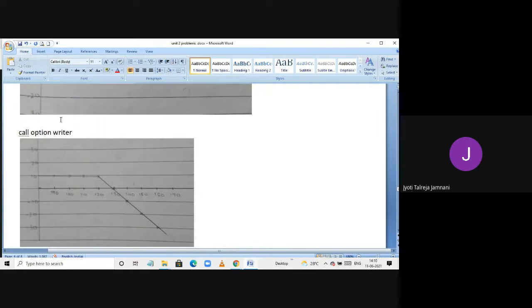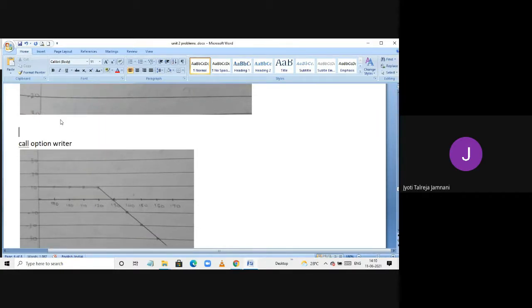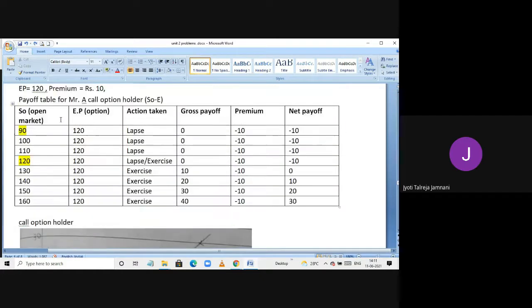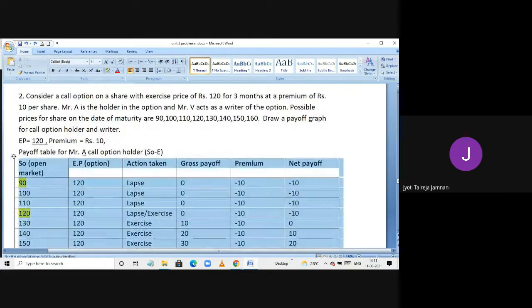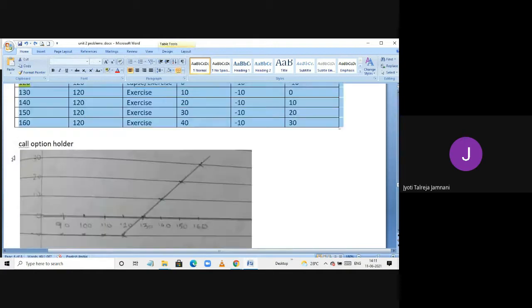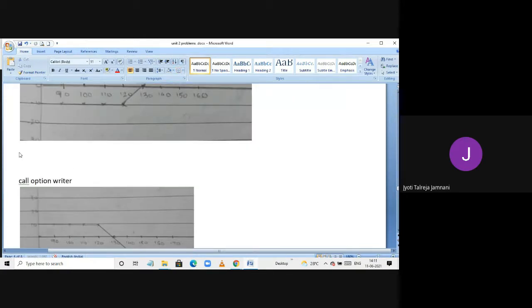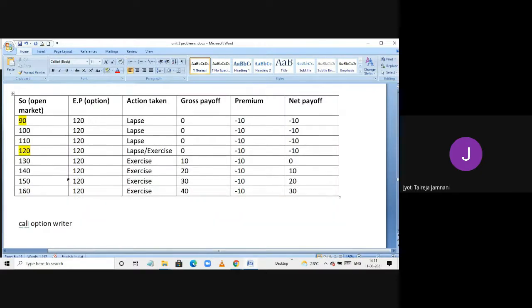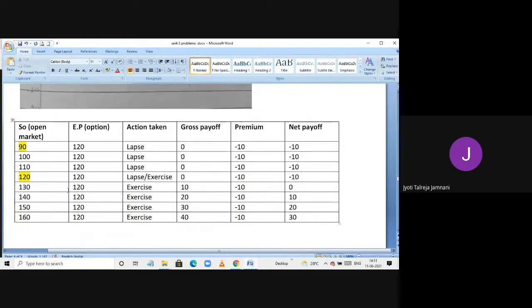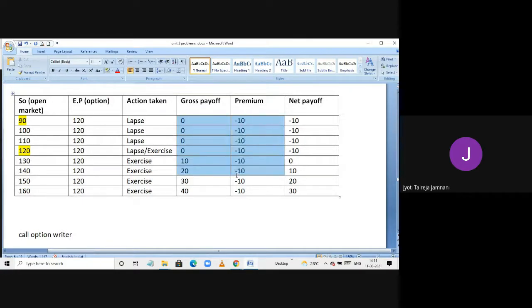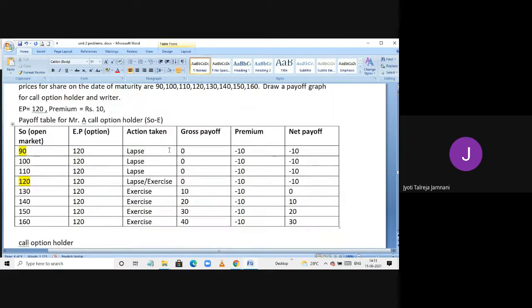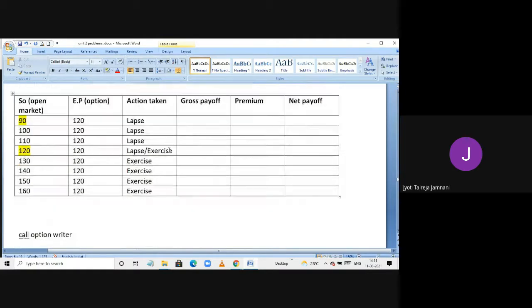Let's do for a writer now. Same table. Exercise price, spot price, action taken, whatever action the call option holder has taken, I'll return it as it is.